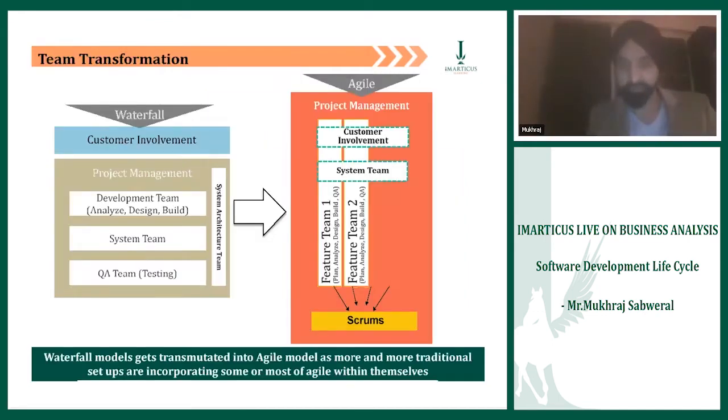Okay, so look at this, guys. How I want to transform a waterfall into an Agile. So in typical waterfall mode, I had design teams, build teams, system teams, QA teams, etc. Now, if I say, hey guys, this was a team of 50 people. Let's assume 10 designers, 10 business analysts, 10 coders, 10 testers, and that constitutes 50 people.